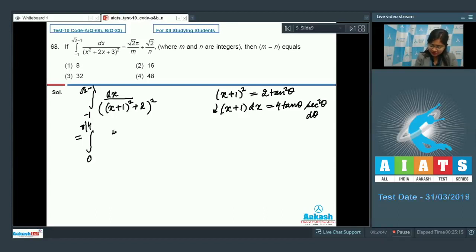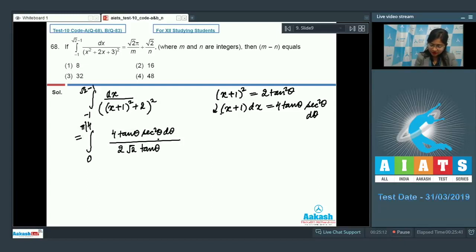So dx can be written as 4 tanθ sec²θ dθ upon 2(x + 1), that is x + 1 is √2 tanθ. Although we will get the mod of tanθ here, the limit is going from 0 to π/4, so I am directly writing mod of tanθ as tanθ.